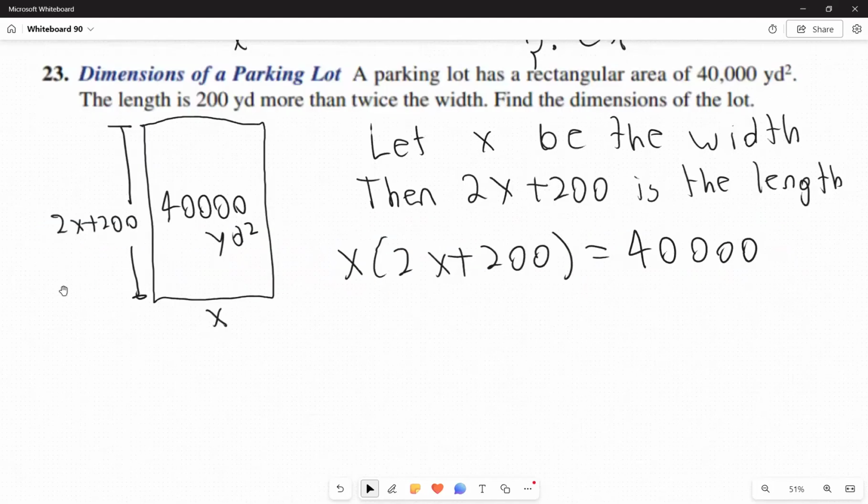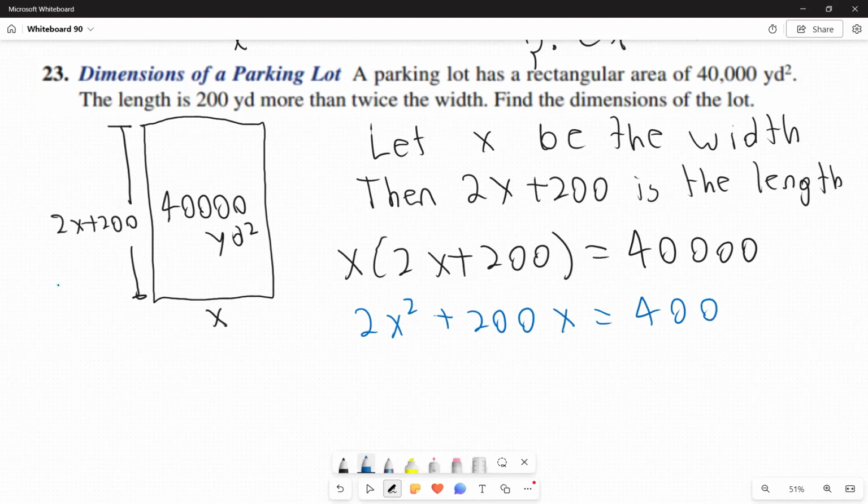We're going to write it in standard form. Let's distribute the x on the left, and then pass the 40,000 to the left with a negative sign. So notice that everything is divisible by 2.